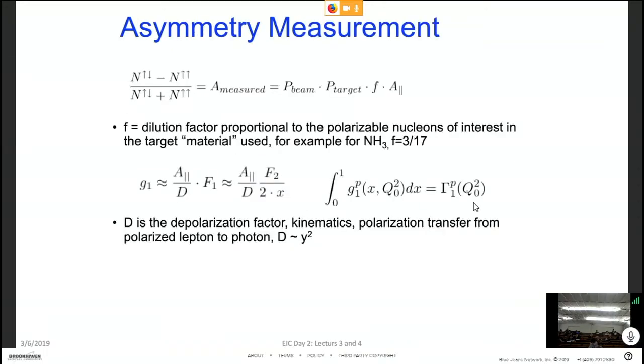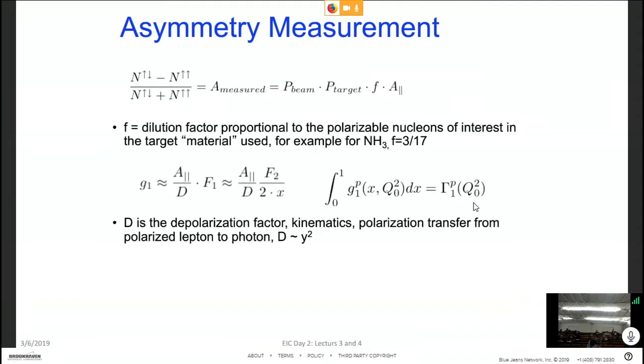So we have to now measure these asymmetries. We know the polarization of the beam, the target, and the filling factor, how densely the target is filled. That tells you something about the number of protons in that area, and then the parallel asymmetry. But there is one more thing that remains, and that's a critical thing.